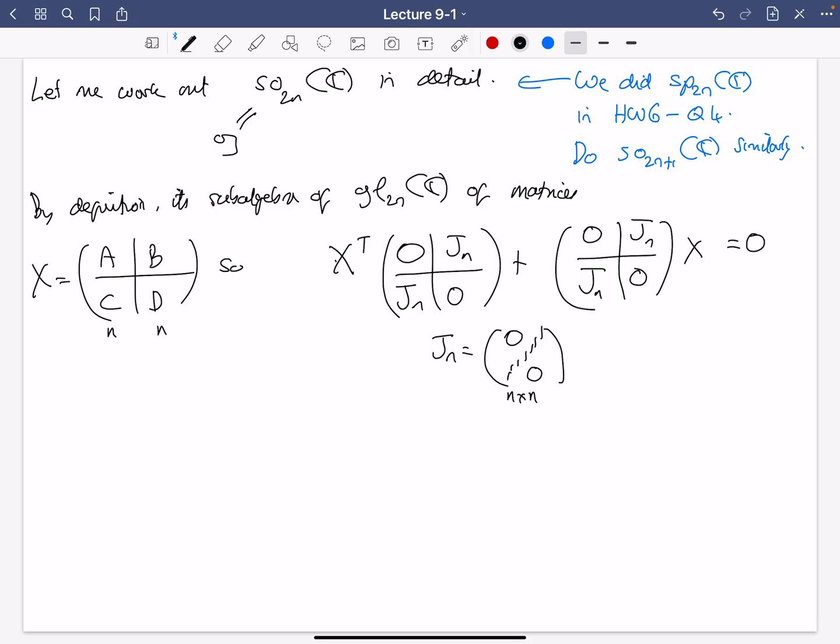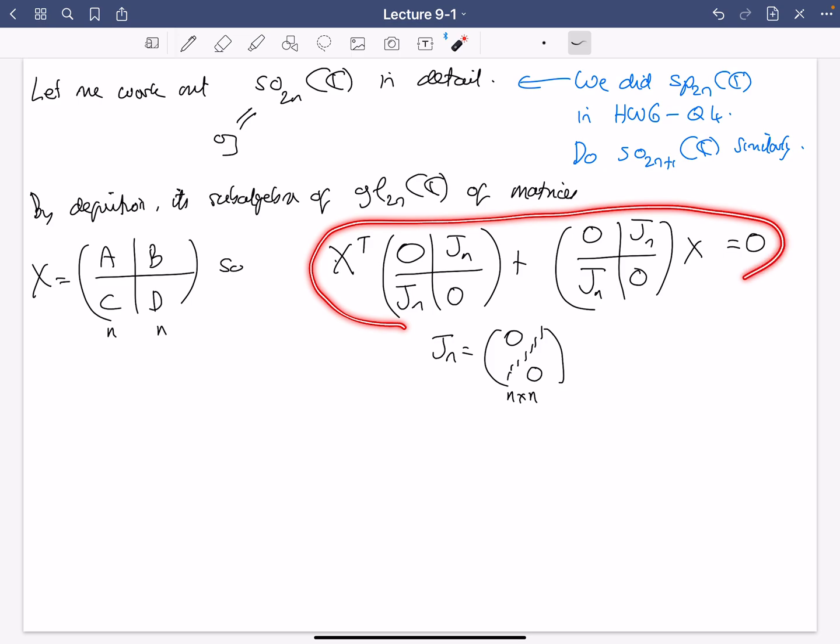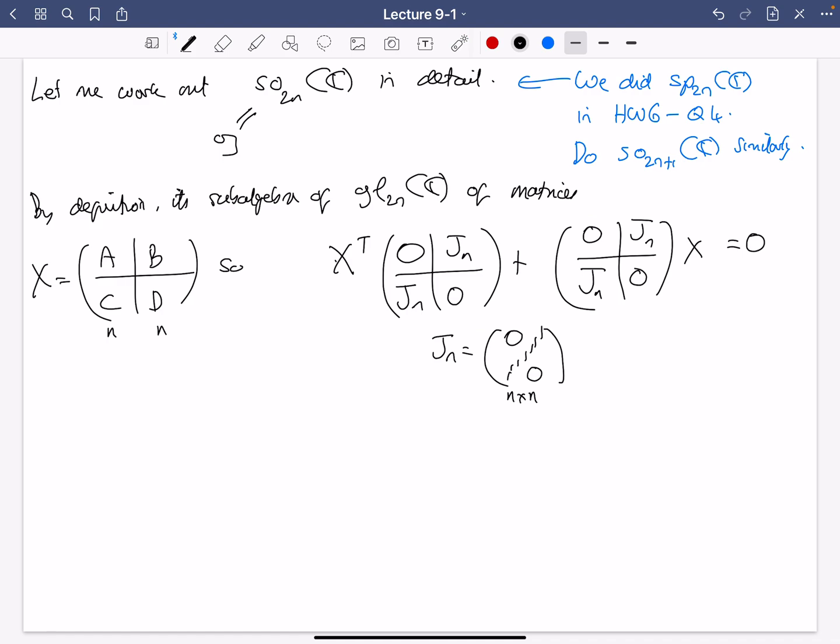And if you work this equation out, this is really a bunch of equations, so if you just multiply out these matrices and equate coefficients, you see that this is going to be A transpose J_n plus J_n D is 0. That's from the 1-1 block.